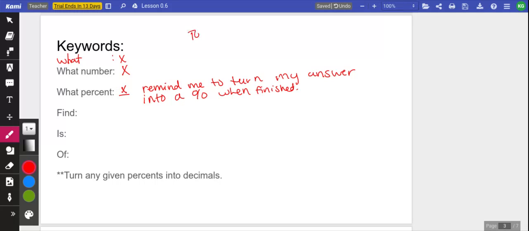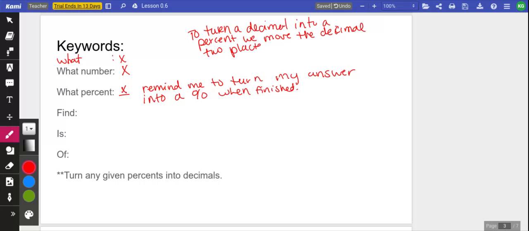And remember to turn a decimal into a percent, we move the decimal 2 places to the right.